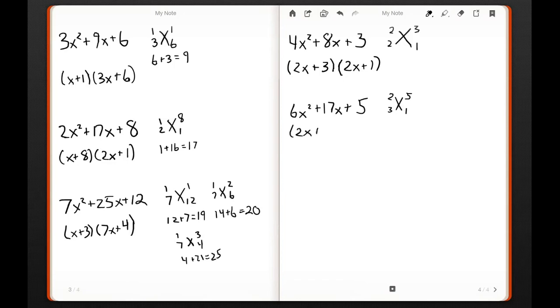So this will be 2x plus 5 times 3x plus 1. As you can see, we're doing these a little faster now. With more practice, you should be able to do them at this speed as well.